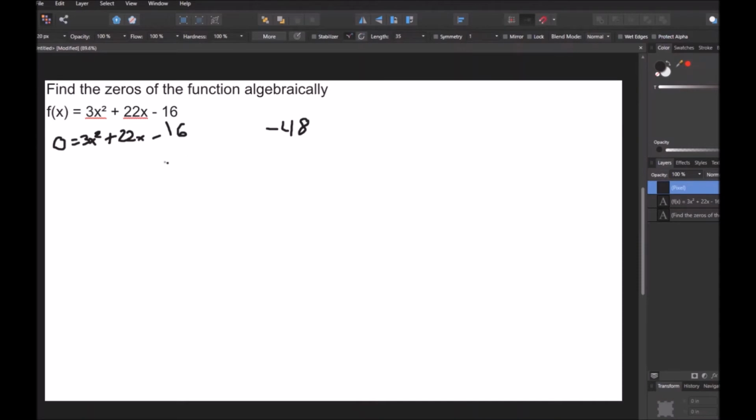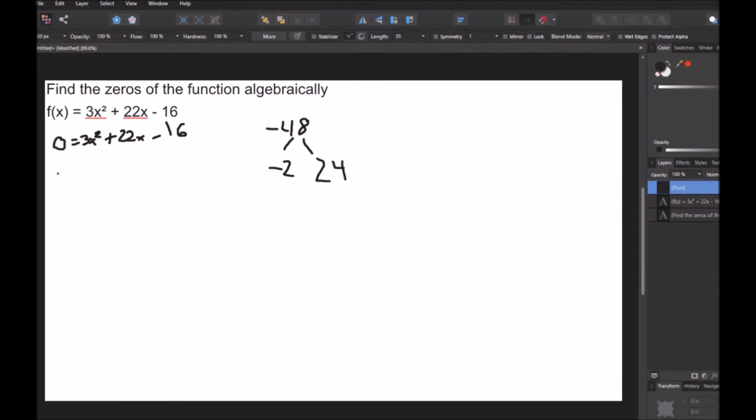And you're going to ask yourself, what two numbers multiply to give me negative 48 and add to give me 22? And you're going to find that it's negative 2 and 24. Negative 2 times 24 is negative 48, and negative 2 plus 24 is 22.